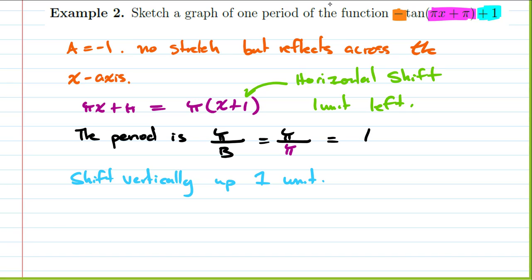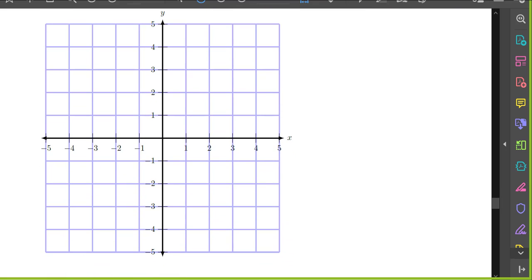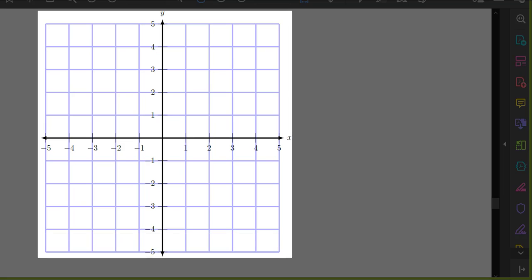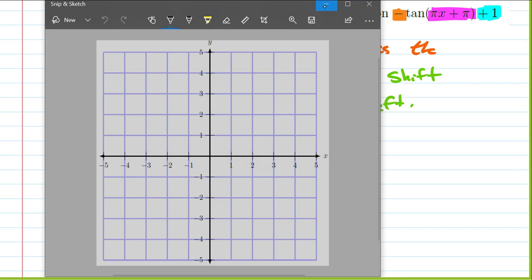All right, so now we have all of that. Let's grab our graph, and we're going to draw our picture.